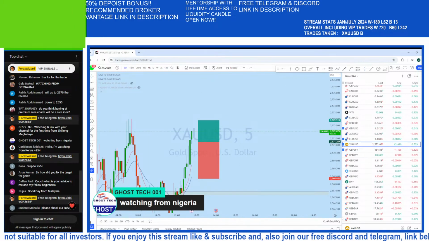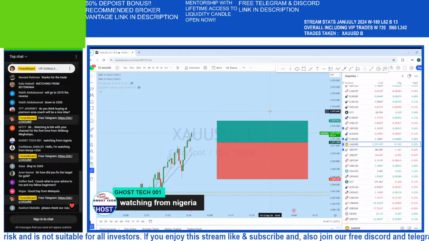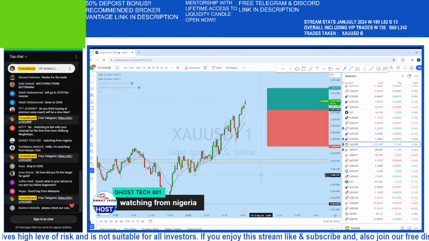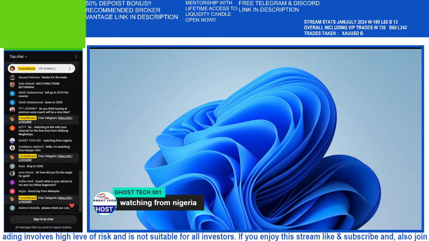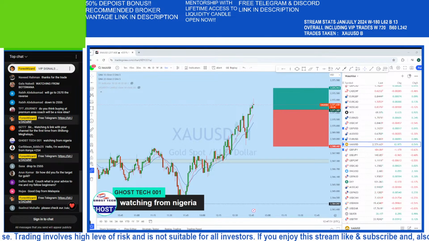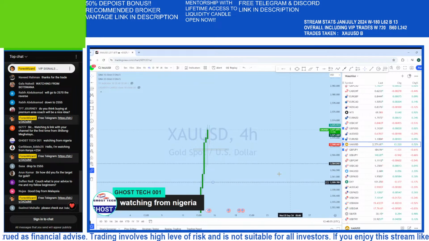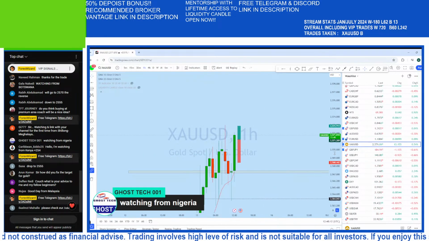Bouncing back up. It's a quick trade. You can see that bounce.